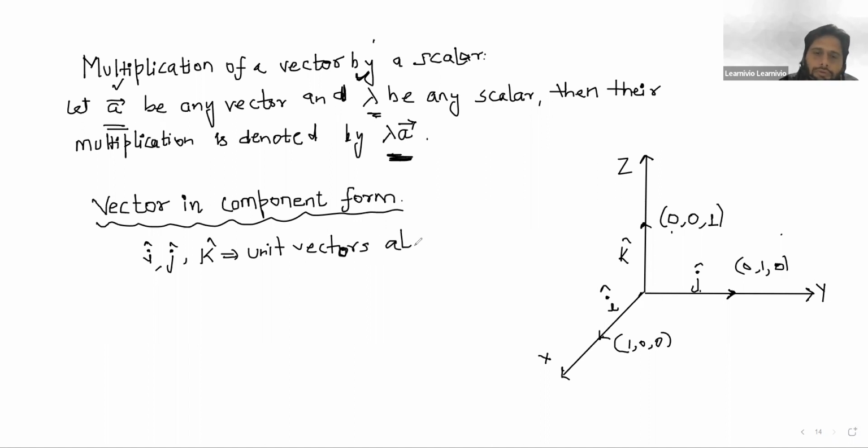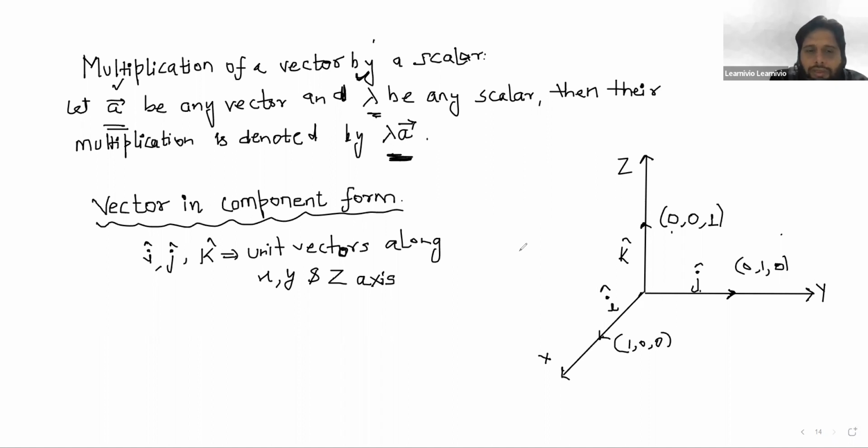So what are i cap, j cap, and k cap? These are the unit vectors along the x, y, and z axes.